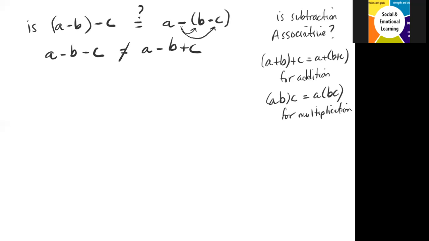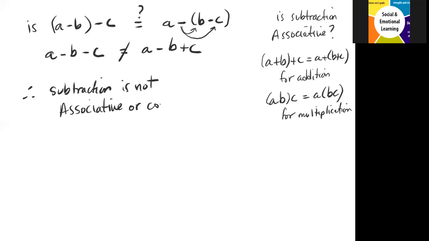So therefore, we can say that subtraction is not associative. And it turns out it's not associative or commutative.